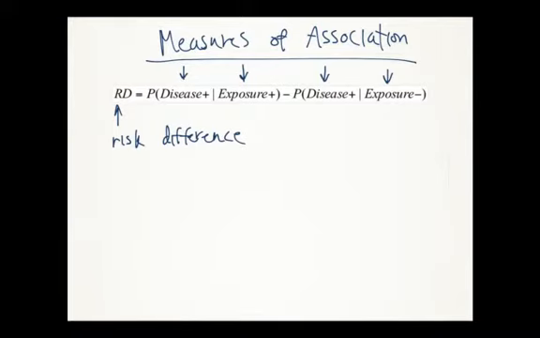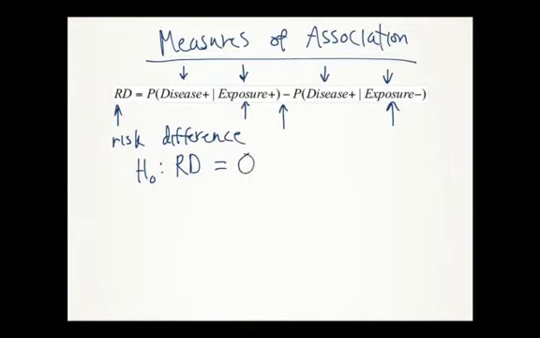So if I were to add these, here I've subtracted them, if I were to add these, would they sum to 1? No, right? Because I'm conditioning on different things. Here I've conditioned on being exposed, and here I've conditioned on not being exposed. Okay? And so under the null, the risk difference is 0, right? So the null hypothesis is that RD, the risk difference, is equal to 0.